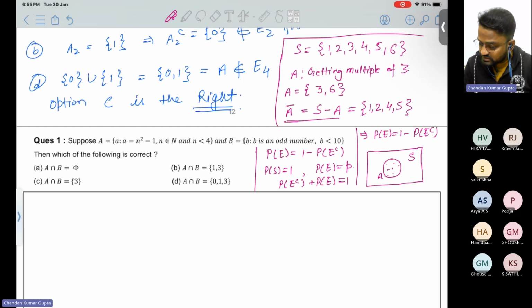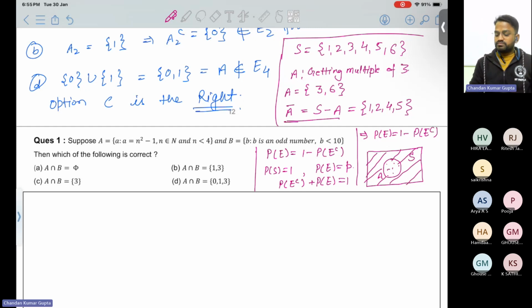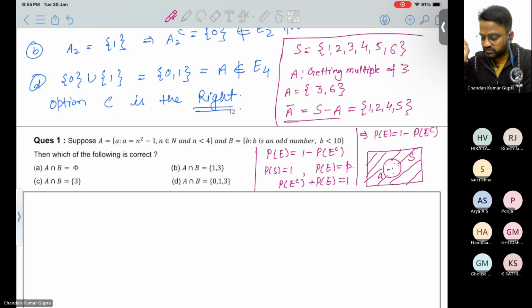It is the universal set minus that particular set. An event is actually a set.